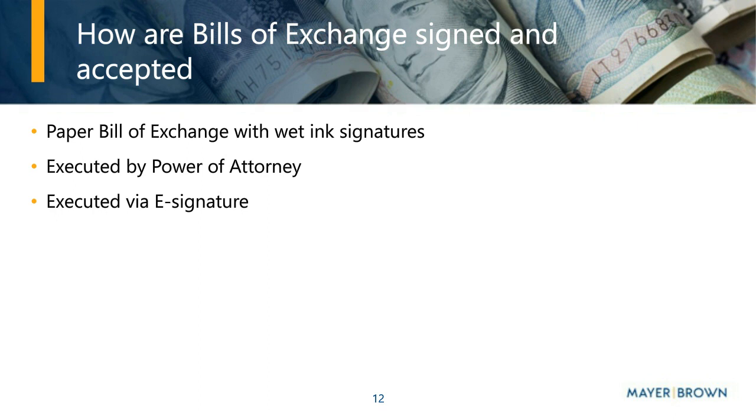So if you want a power of attorney from a company in country X, you're going to have to make sure that that's a valid way of getting authority in that country. You need to make sure that the power of attorney you get signed is compliant with local law, so that it's actually enforceable and recognizable against that entity if and when the time comes. So it sounds great, but it's not always going to be a very straightforward process if you're dealing with a multi-jurisdictional transaction or structure.